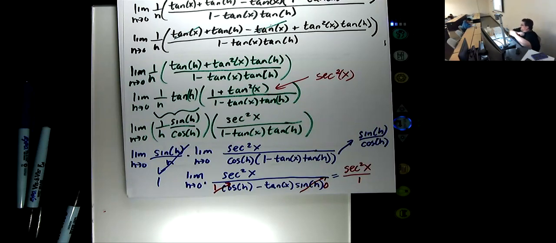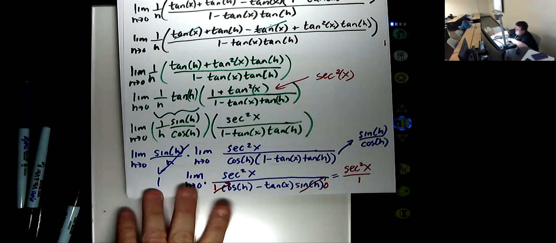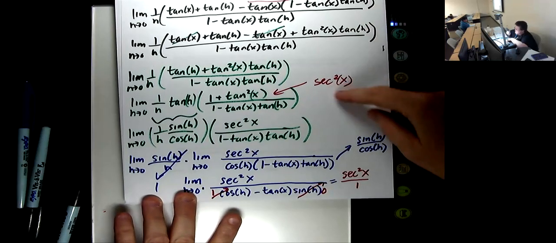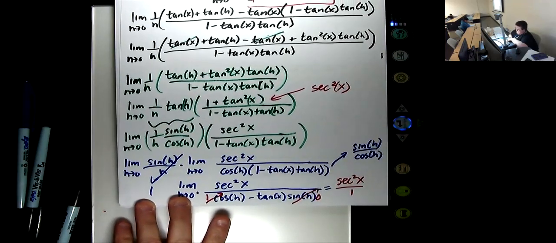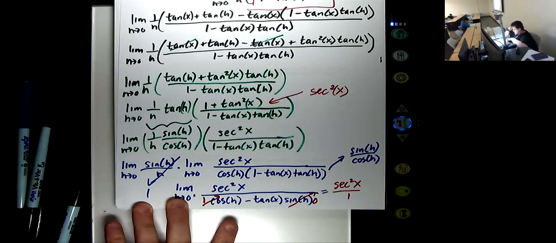And a lot of different trig functions and formulas to remember. We had to remember the tangent a plus b. We had to remember 1 plus tangent squared was secant squared. We had to remember the sine h over h goes to 1.